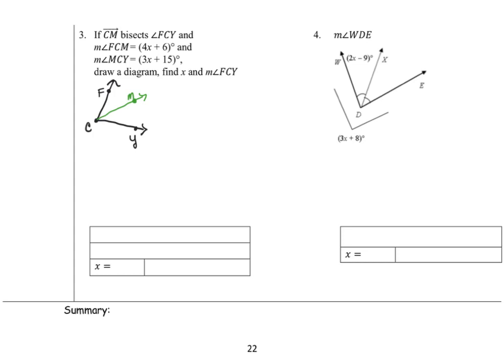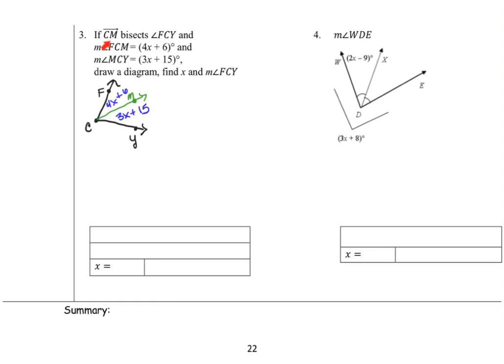And now we can write down the expressions that go with each angle. So FCM, which is right here, is going to be 4x plus 6. And then angle MCY, which is this one, is going to be 3x plus 15. So right now there's something very important missing from my diagram.